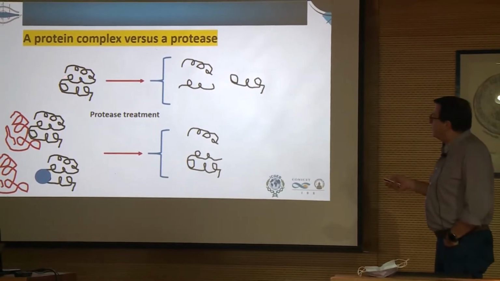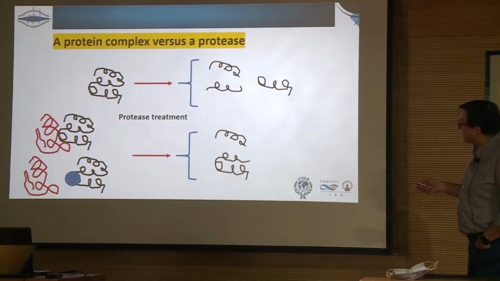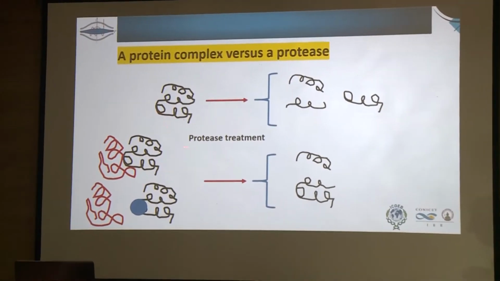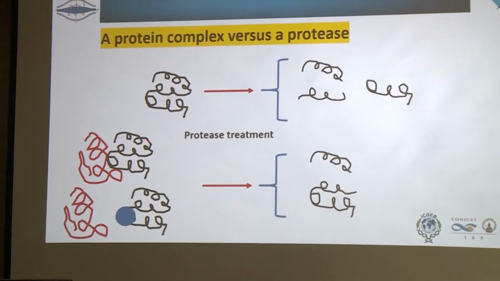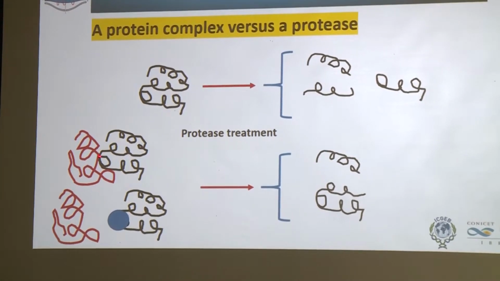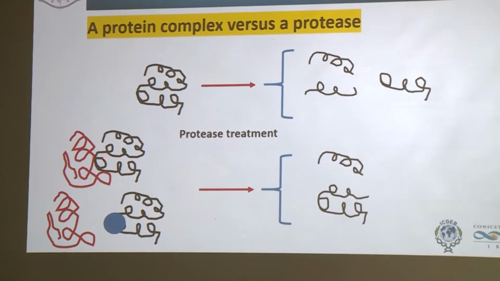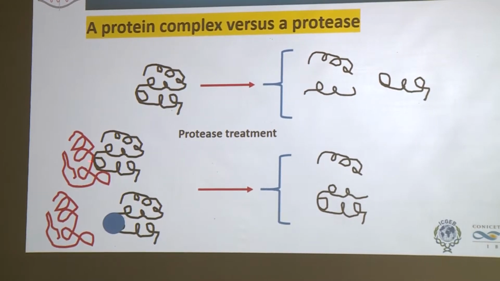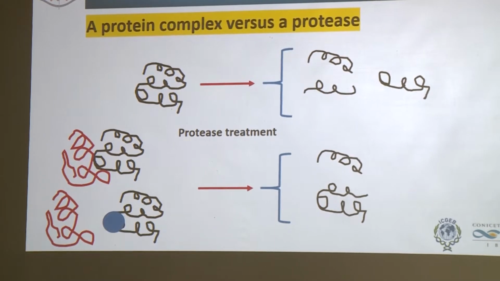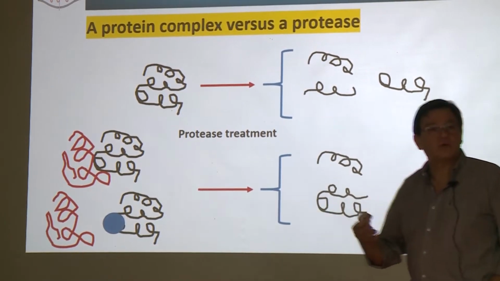But what happens if you have a protein that is cut in two places, and then a complex is formed, and the complex covers one of the places where you get the attack of the protease? You will get a different peptide product when you add the protease.